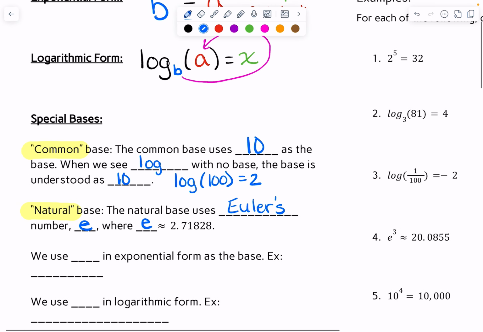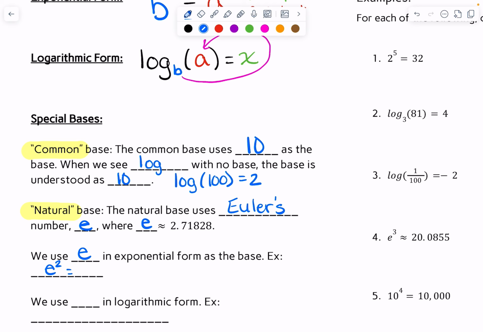So in exponential form, we use the e as the base. An example of that might be e to the second power equals, and I don't know what that is off the top of my head. Let me do a quick calculation, because again, this is 2.71828 to the second power.